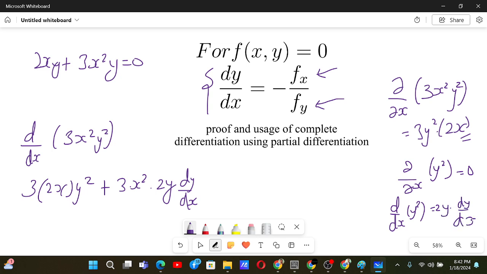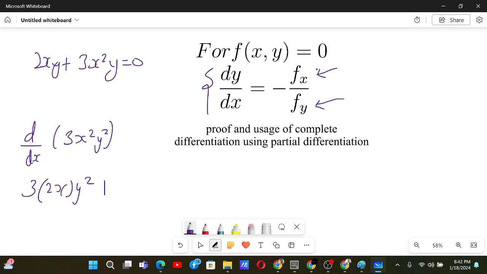So this is the difference between complete derivative and partial derivative. For complete derivative, this should still be a variable, and we need to use chain rule. For partial derivative, all other things will just act as constant. Now, this just represents a derivative of function with respect to x, and this represents derivative of function with respect to y. Now let's move forward.